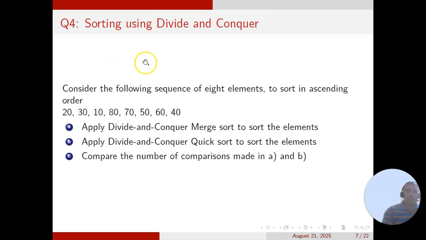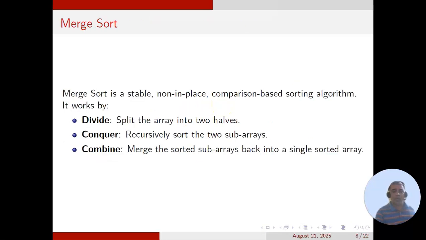Now the next question is sorting by using divide and conquer. You are given 8 elements, 20, 30, 10, 80, 70, 50, 60, 40, and you are asked to find the number of comparisons by using merge sort and quick sort, and then compare them. Now what does merge sort do?